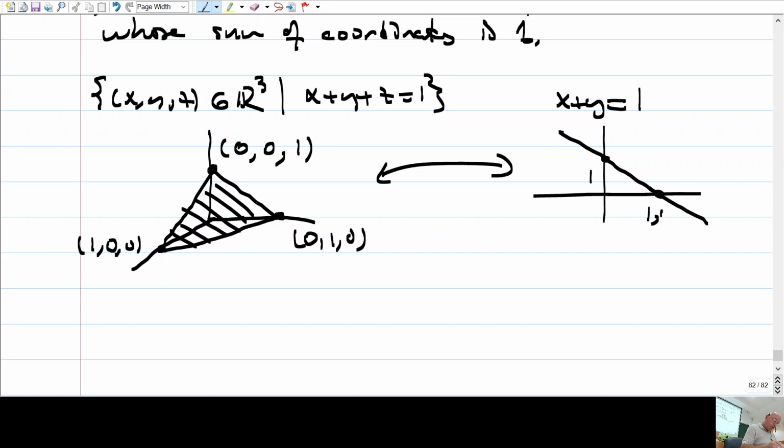Here these points are 0, 1, 0 and 0, 1. The same analogy here. But it is not clear at this point why this equation represents the whole plane containing these 3 points. But we will come to that.